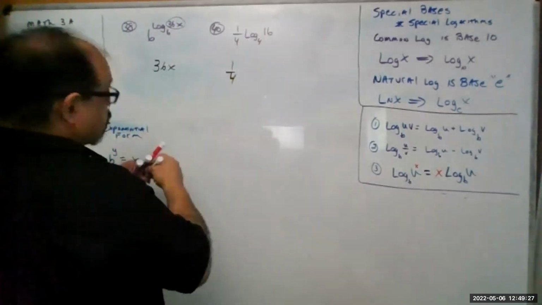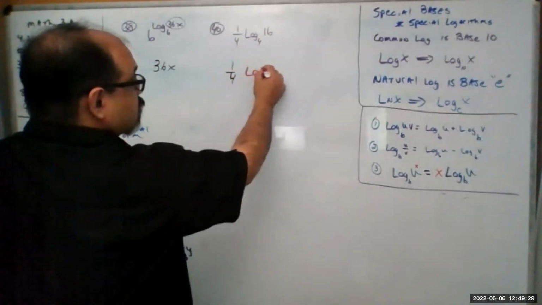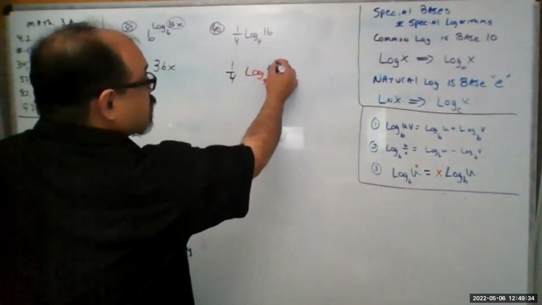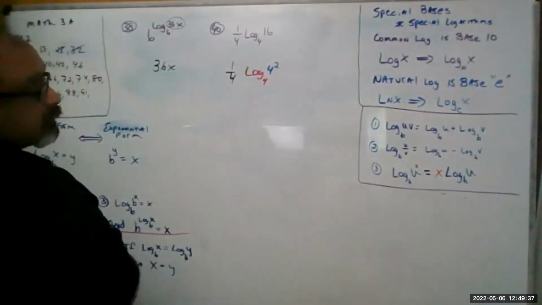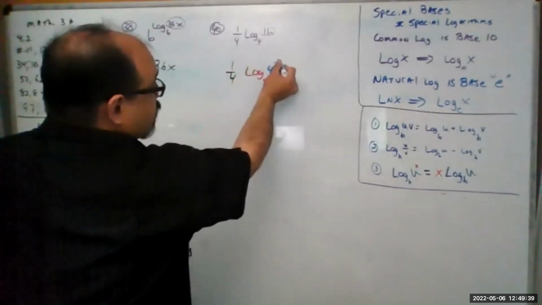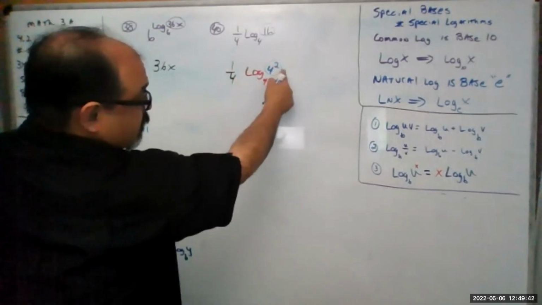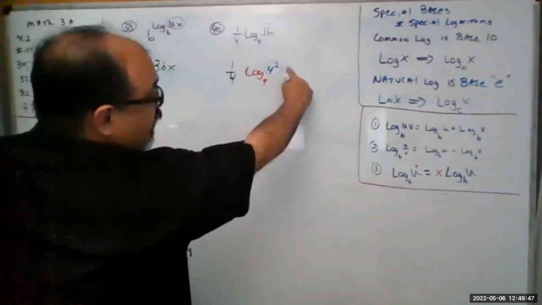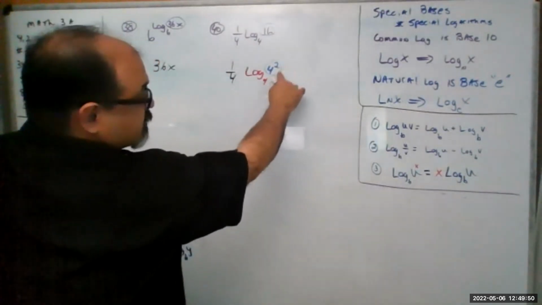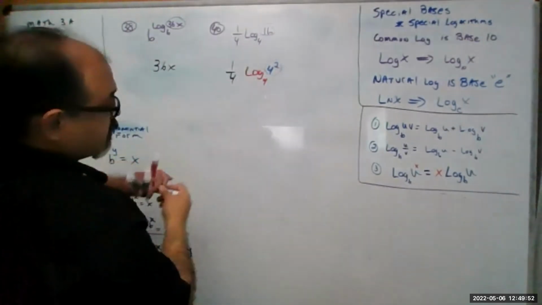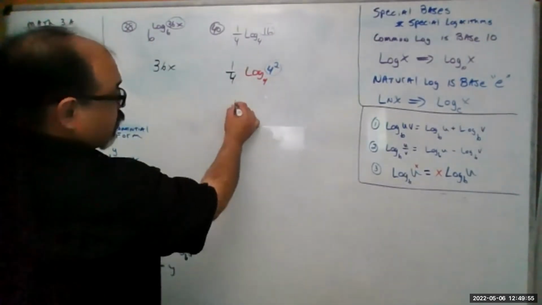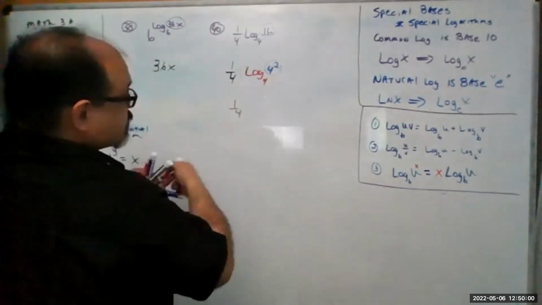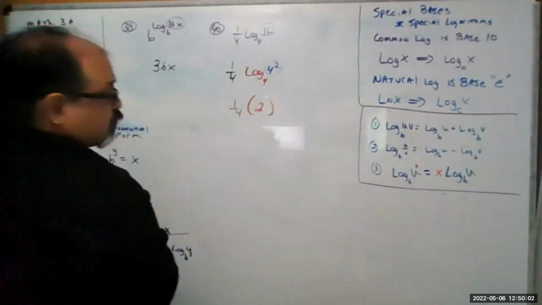So this is 1/4 times the log base 4. 16 is 4 squared on the inside. That 16 can be written as a base 4, 4 to the 2nd power. So in that logarithm, you now have a base 4 of an exponent base 4. Since the bases are the same, this is now just 1/4 times log base 4 of 4 to the 2nd is 2. It's 1/4 times 2.